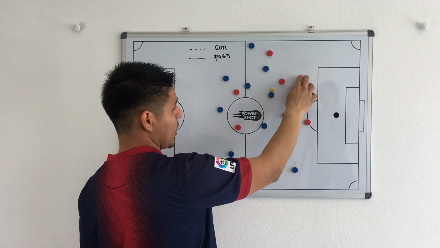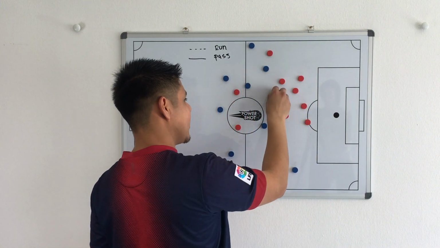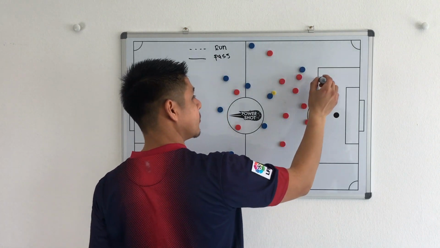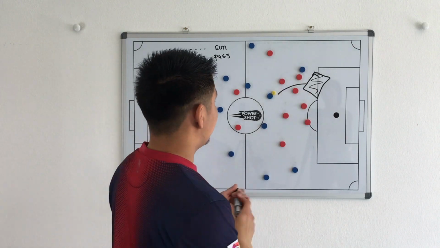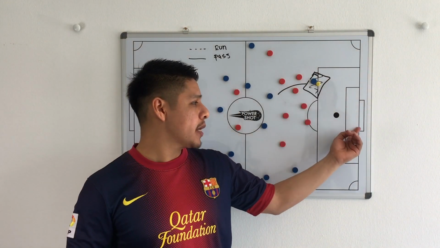Sergio Ramos was also there, but he tucks into the inside. So Henry passes there to Messi. Thierry Henry makes that run, and then scores the goal.